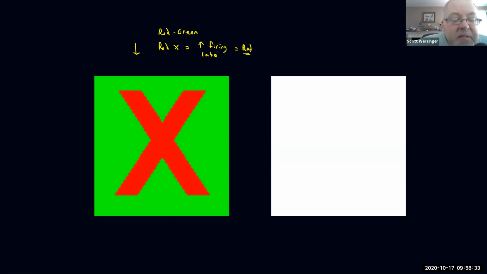My brain perceives that as red, and I see the red X. Now, when I shift to the white here, what happens? Light's no longer striking that, right? No red light. What does that mean? A decrease in firing rate. What do you perceive when you see a decreased firing rate?